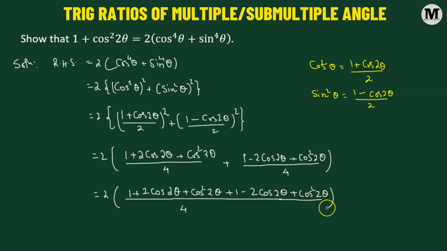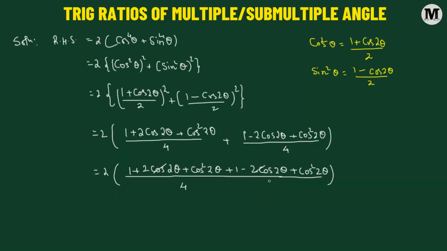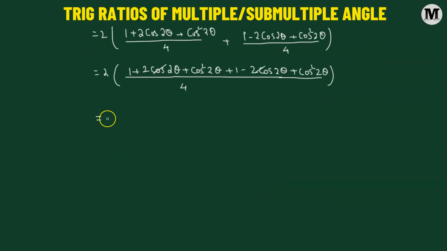Now here we can cancel out 2 cosine 2 theta and negative 2 cosine 2 theta. That leaves us with 1 added to 1, so that will be 2, plus we have cosine squared 2 theta repeating twice, so that will be 2 times cosine squared 2 theta whole divided by 4.